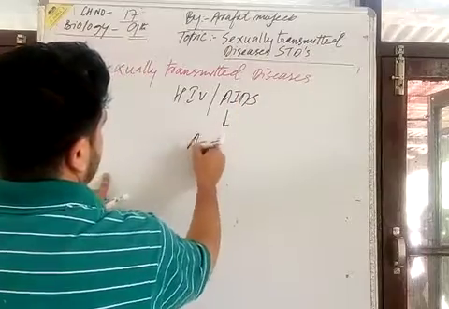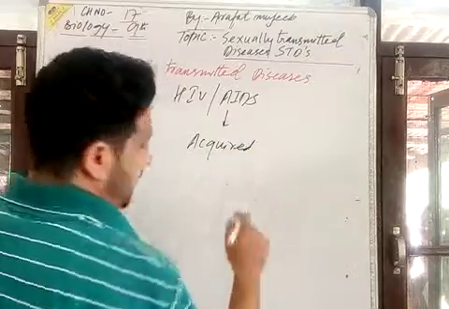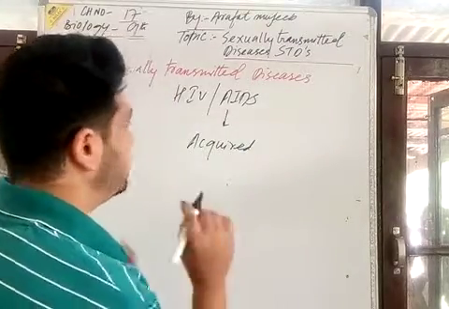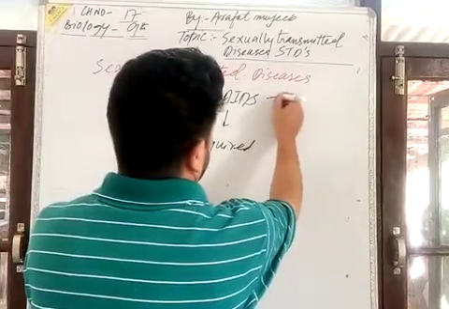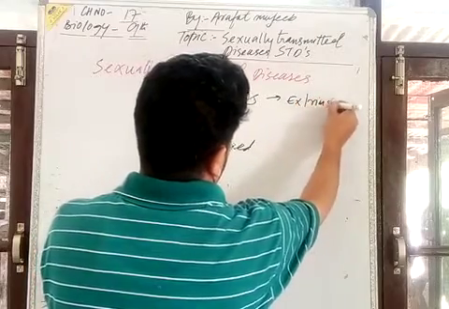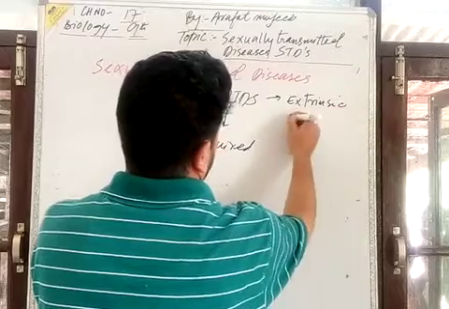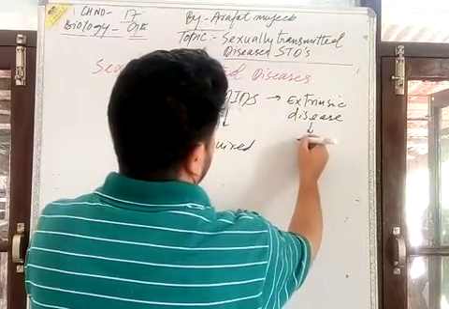AIDS means acquired, which we get by some external means. It is an extrinsic disease. AIDS is an extrinsic disease. What is this extrinsic disease?